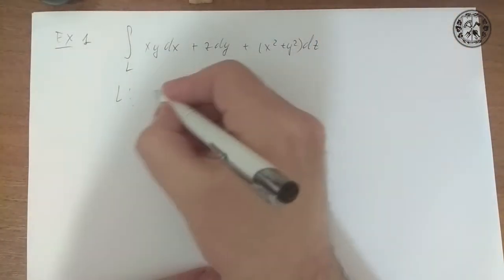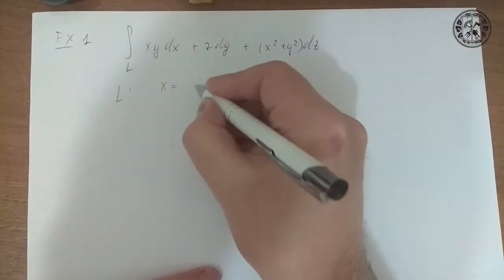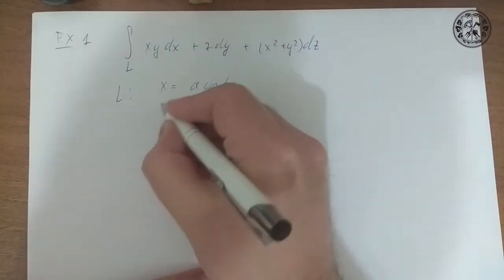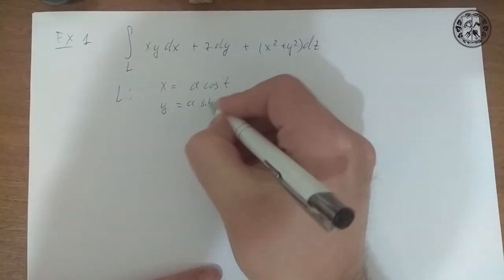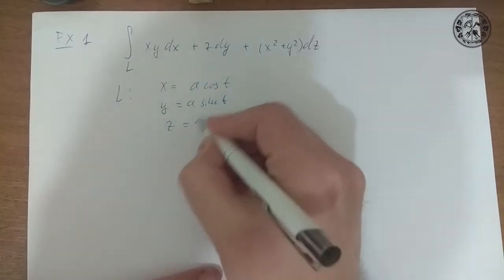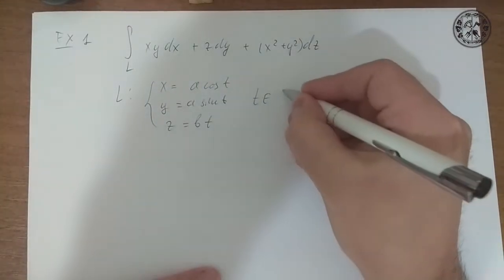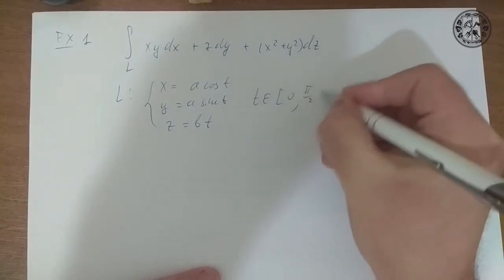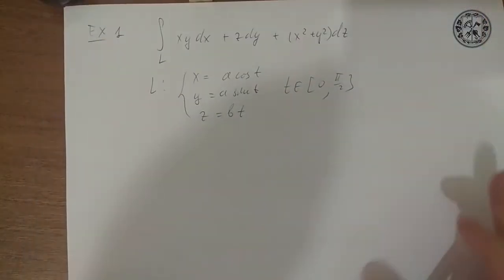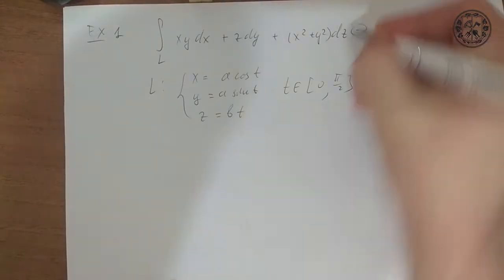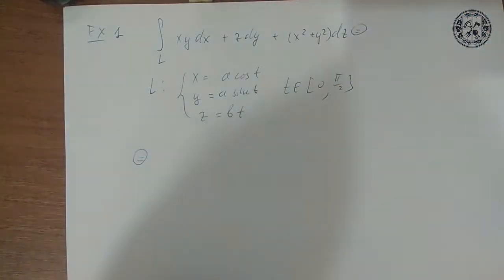L is provided as the parametric curve a cosine t, a sine t, b t, where t belongs to the interval from 0 to pi over 2. Now, what will we get?